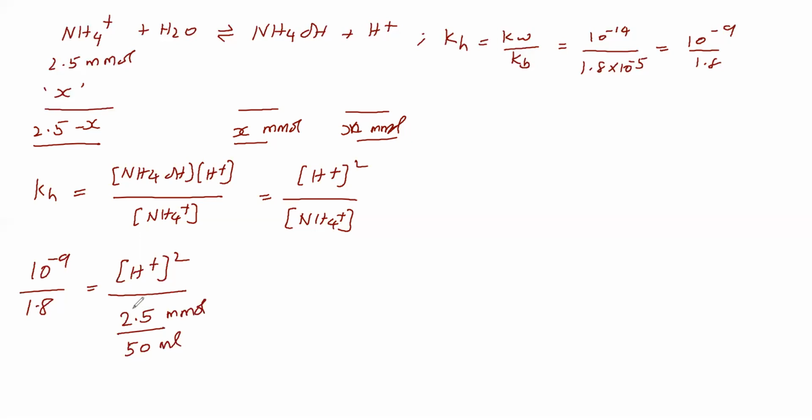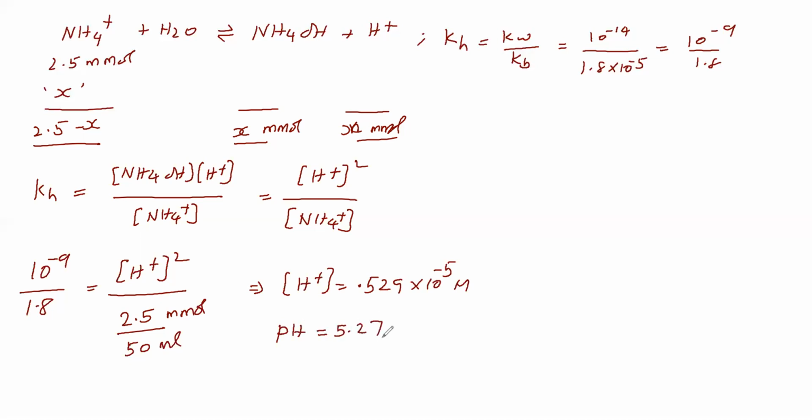From this we can find the concentration of H plus in the resultant solution, which is 0.529 into 10 to the power of minus 5 molar. Therefore, from this we get the pH of the solution, which is 5.27.